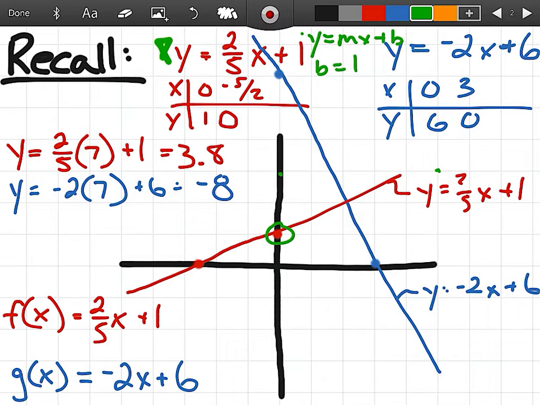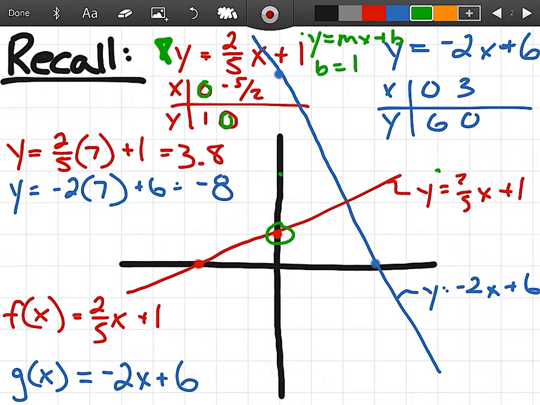Another way to sketch the line is to plug in a value of 0 for x and see what you get for y, and then conversely get your second point by putting in a value of 0 for y and getting a value for x. Our blue line is done much the same way.